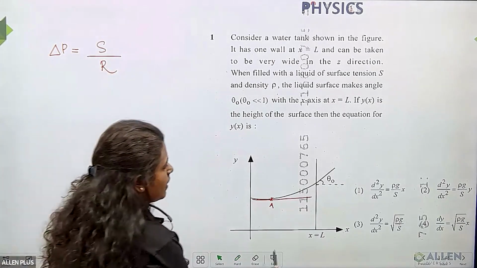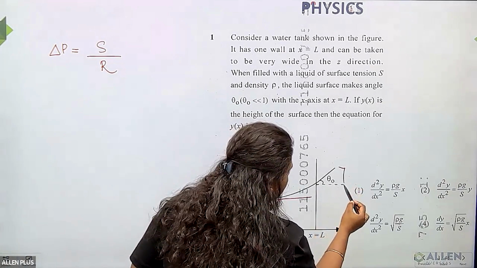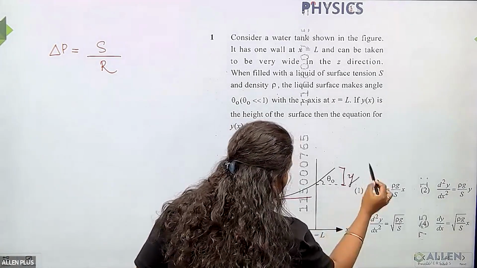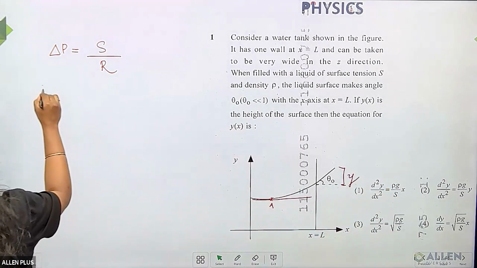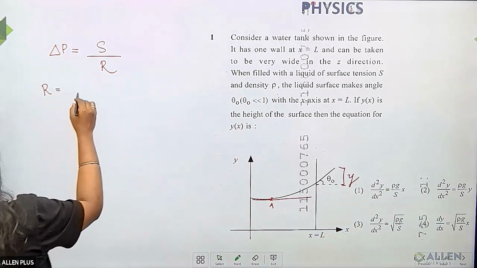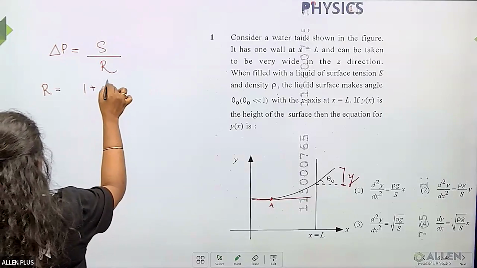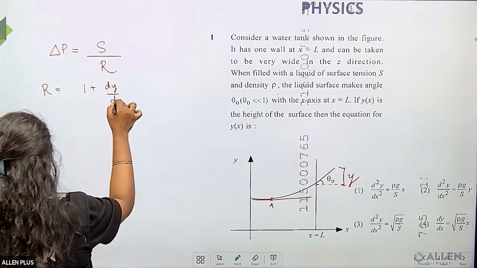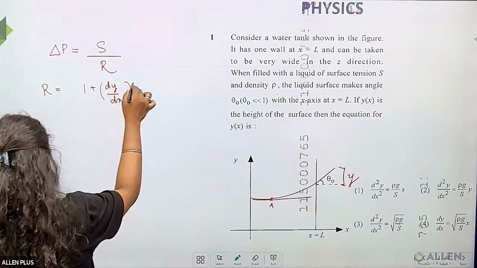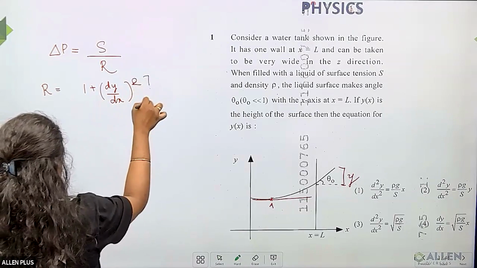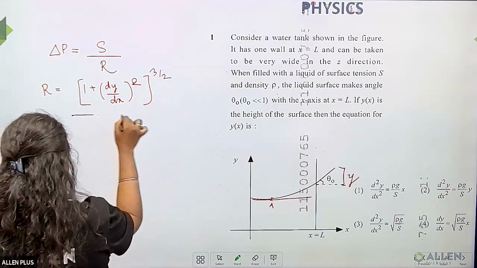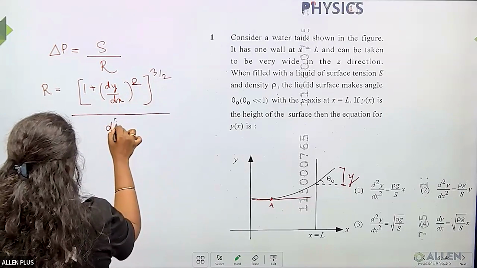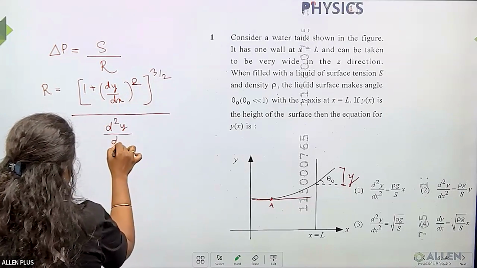Let me say this particular distance over here to be y. So we have r equal to (1 plus (dy by dx) whole square) to the power 3 by 2, whole divided by d square y by dx square.